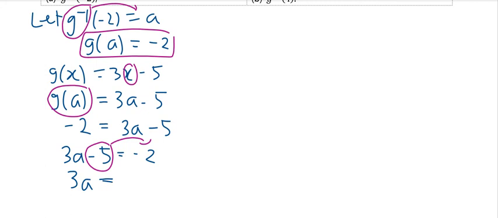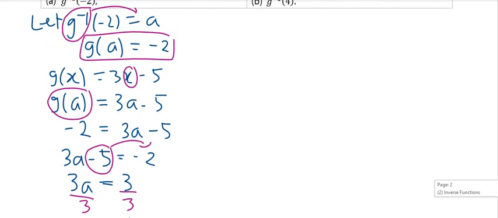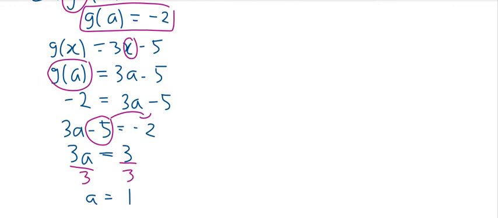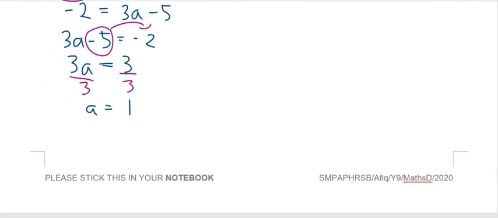It becomes negative 2 plus 5, which is 3. Now you divide 3a by 3. So your a is equal to 1. And you stated in the beginning that a is g inverse of negative 2. And there you have it. You have your solution already.